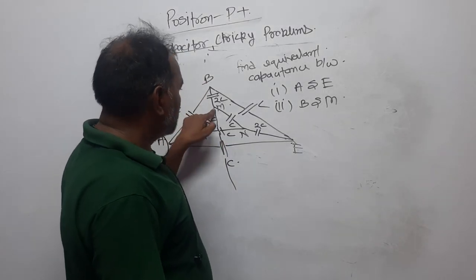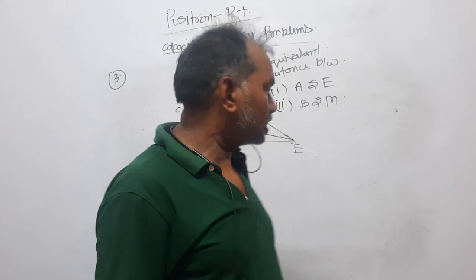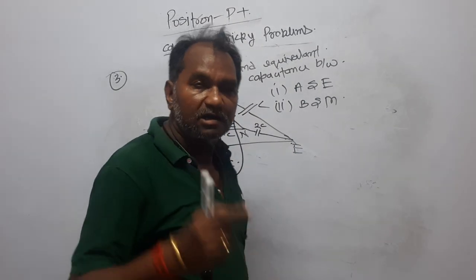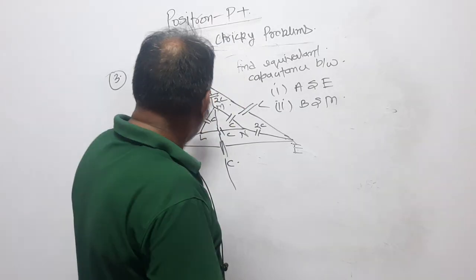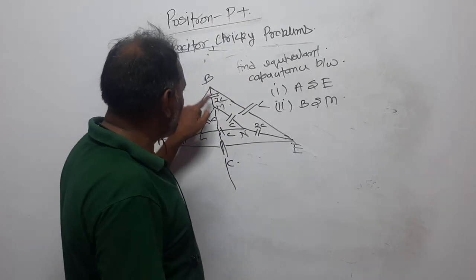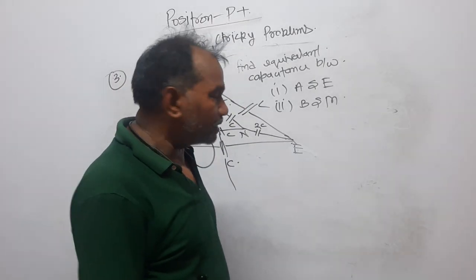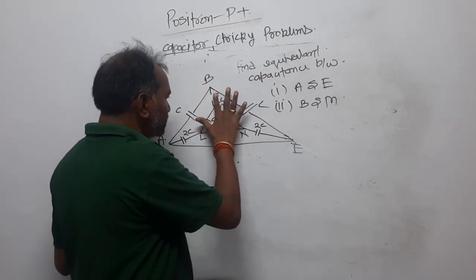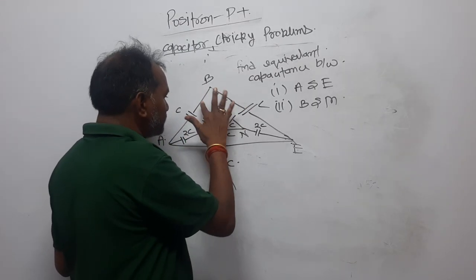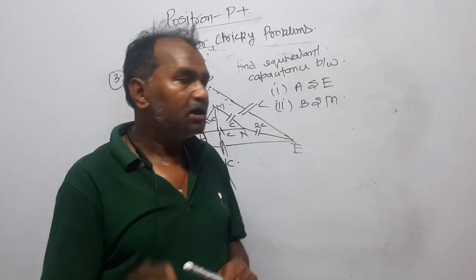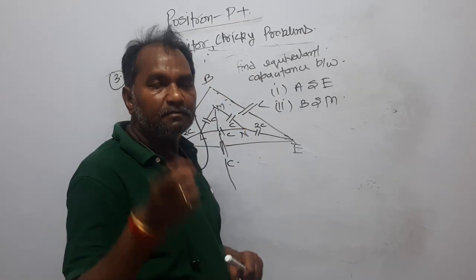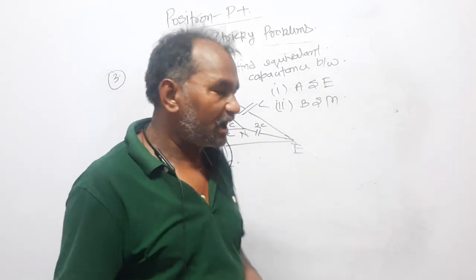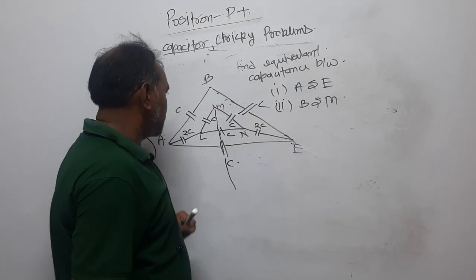B and M are junctions lying on the perpendicular bisector, so they are points of common potential. Then you can remove this 2C capacitor, because if the potential is the same, the potential difference would be 0. No charge will flow through it, so you can remove that capacitor.